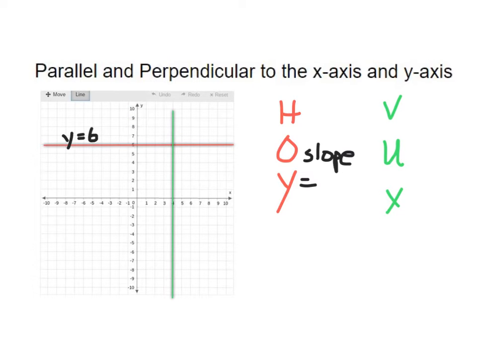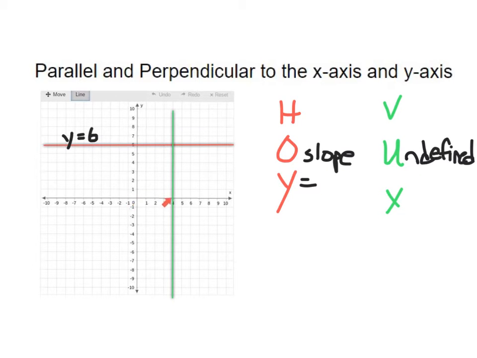All right. And then again, the green line here, that is a vertical line. We call that slope undefined, sometimes UND for short, but it is undefined. And when it's a vertical line with an undefined slope, then the x is always the same.